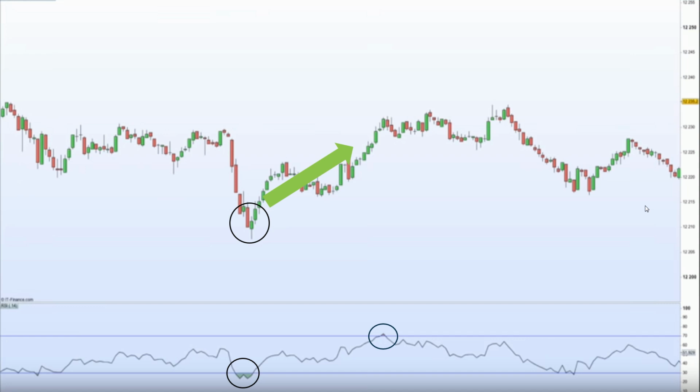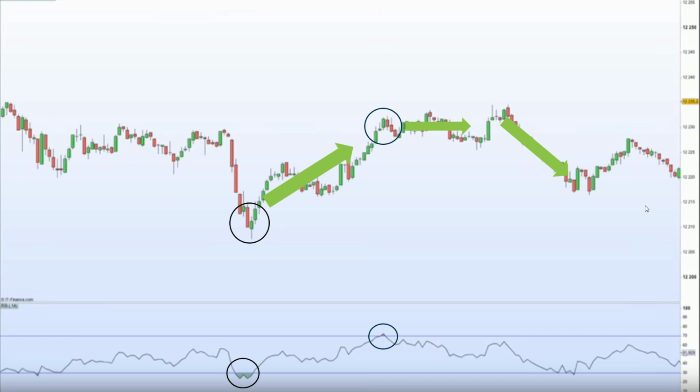When it's out of the overbuying zone, it could just stay in the normal zone, then it goes down. So it's a good probability here, like we see. It's a normal zone, then it goes down, just right here. Here we have the arrow to show us the move down.